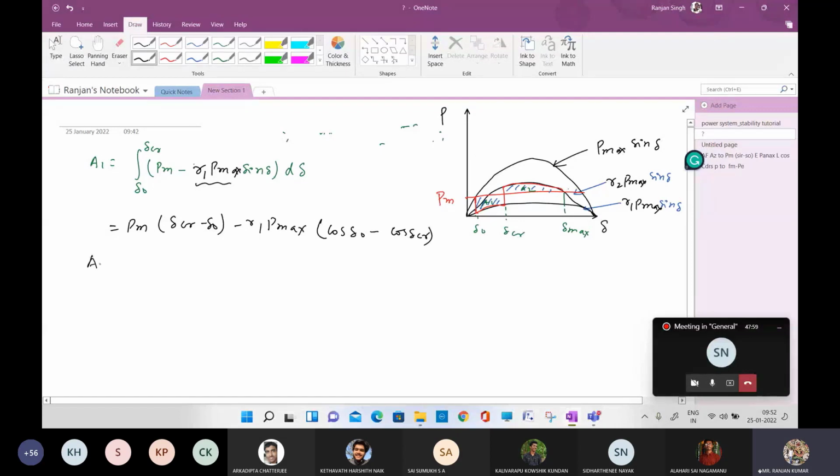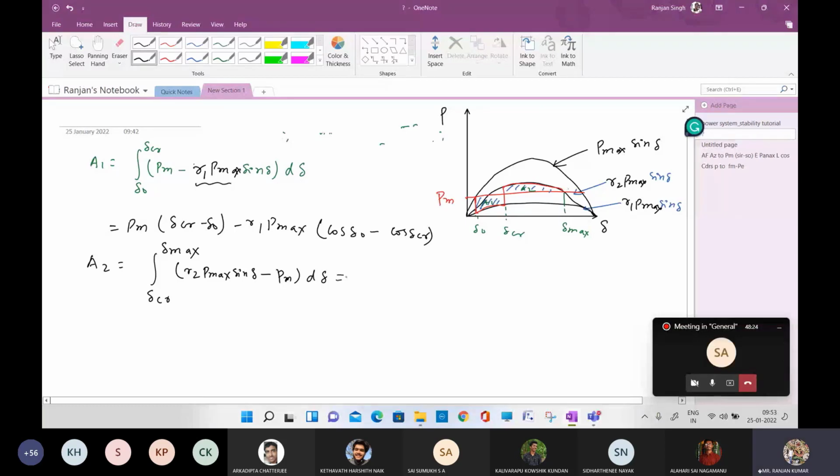Similarly, what is the area of A2? Integral from del CR to del max of r2 P max sin del minus Pm d del.